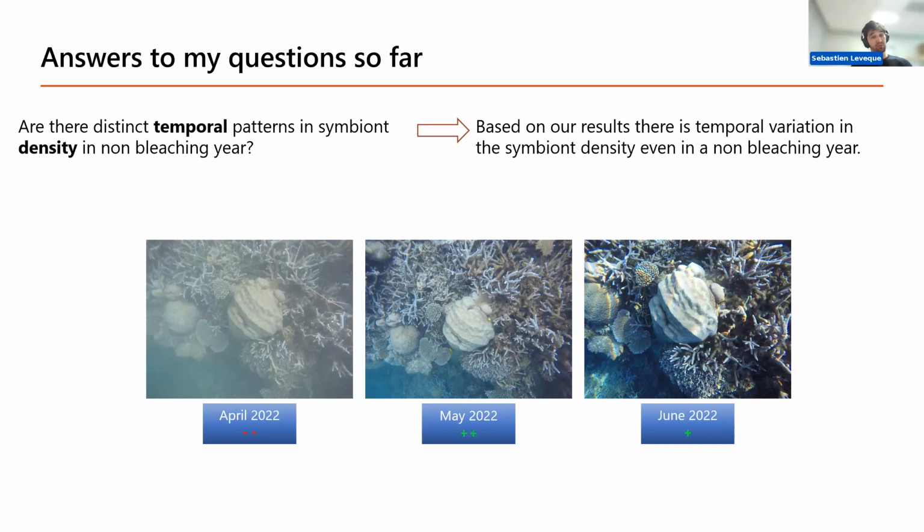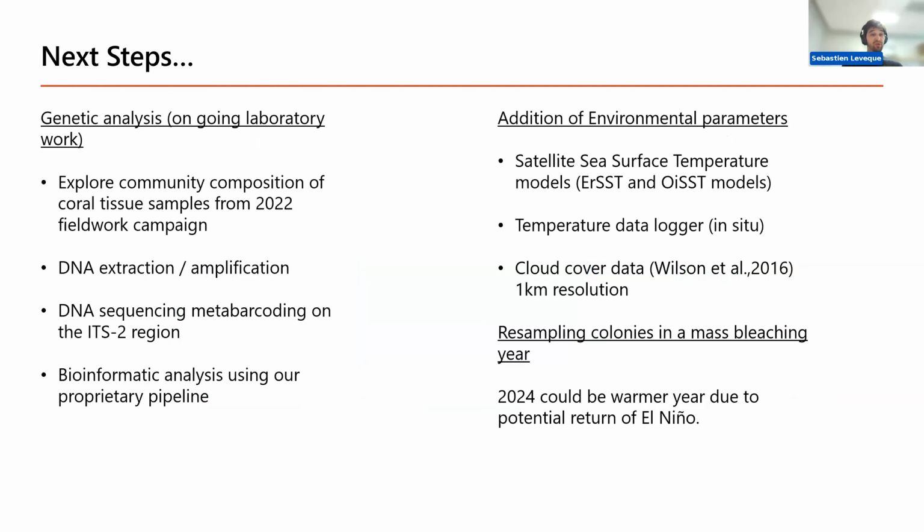So these are my principal answers to my question so far. The next step would be the genetic analysis of our samples to make the link with the density results that we got.